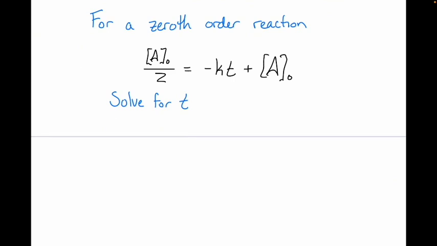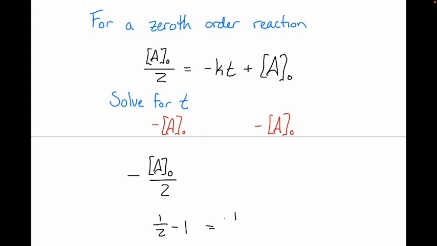I'm going to subtract that constant from both sides. To be clear, that will give me negative A naught over 2 on my left-hand side. 1/2 minus 1 is negative 1/2.